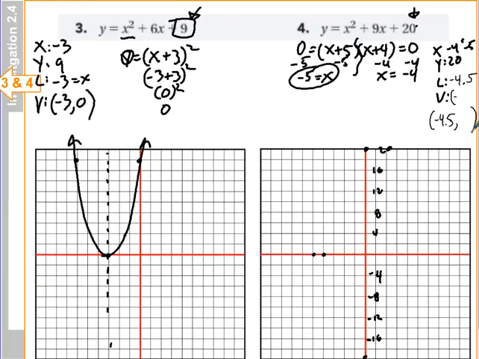So I have, in the factored form expression, -4.5 plus 5 times -4.5 plus 4. So I get 0.5 times -0.5 for a total of -0.25. So that's about here.